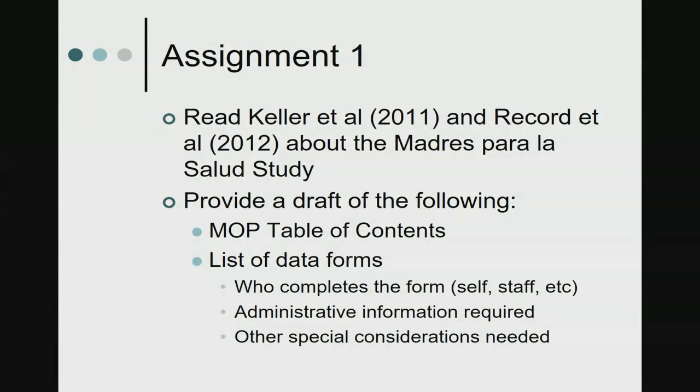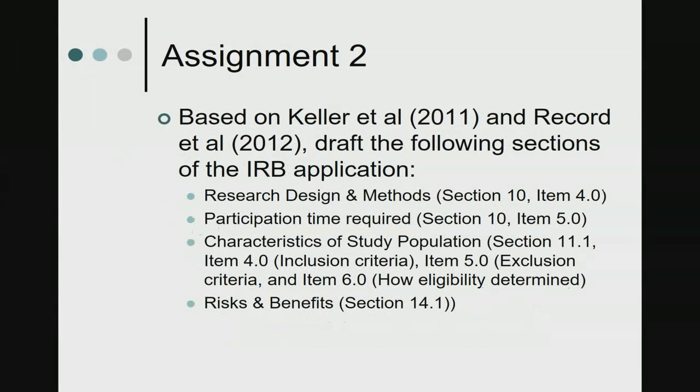And then the other thing that I want you to do for this study is you'll see uploaded a PDF of the IRB application for this study, but there are some pieces missing. I want you to draft what the research design and methods would be. You'll just read the study, so you know what the research design is. How much time is required for participants?